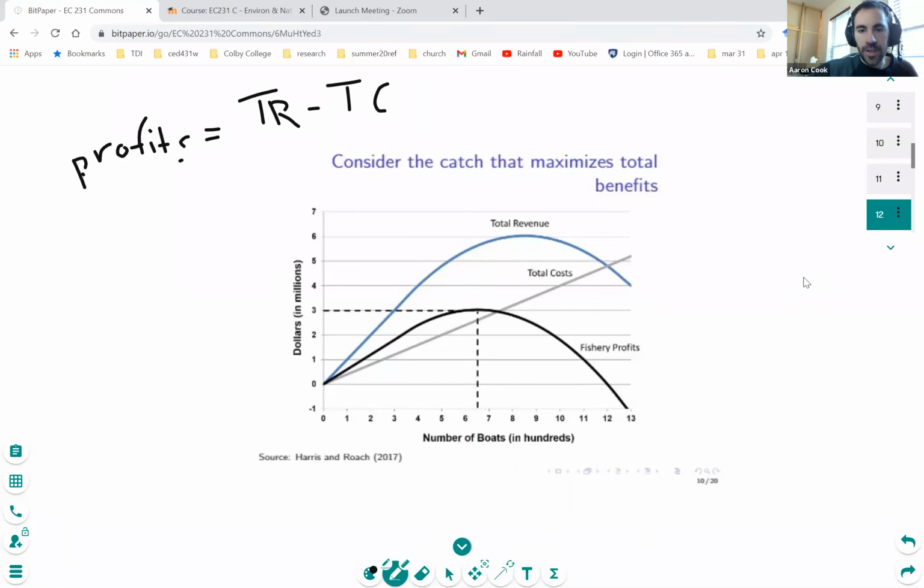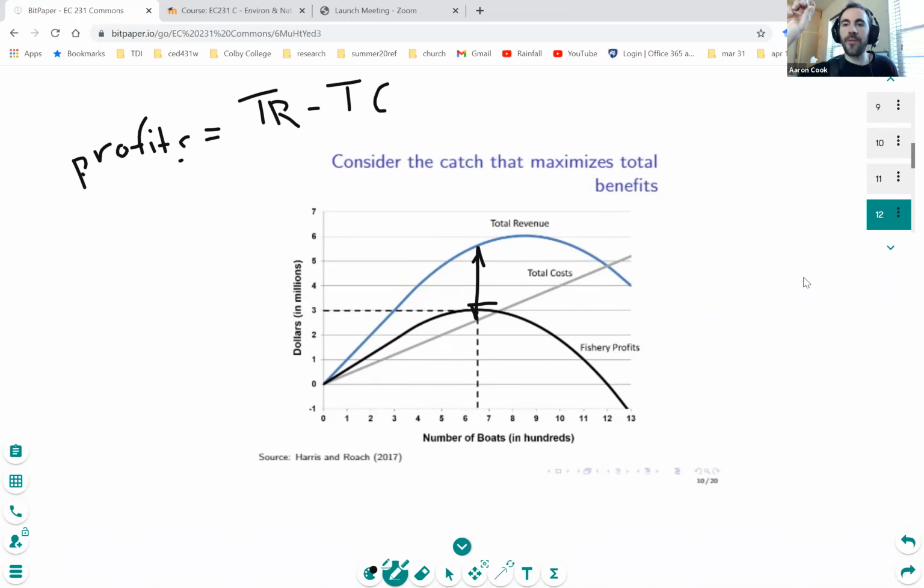And as you can see, those peak around this 650 boat range roughly. That's where the gap between total revenue and total cost is highest. So if we wanted to maximize the total value of the fishery, that's where we would want to be.